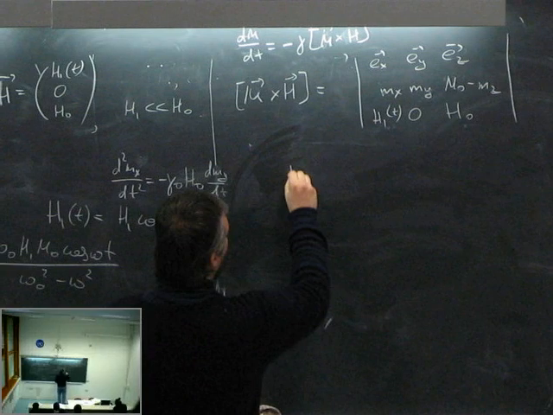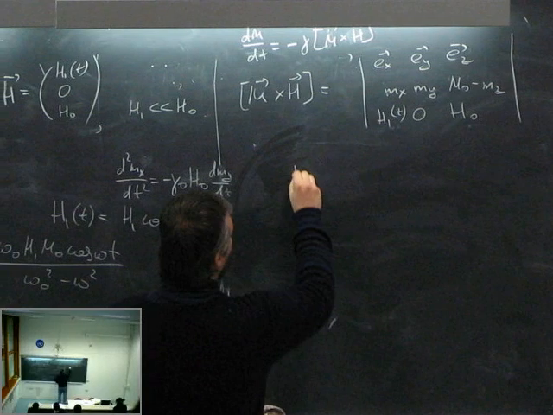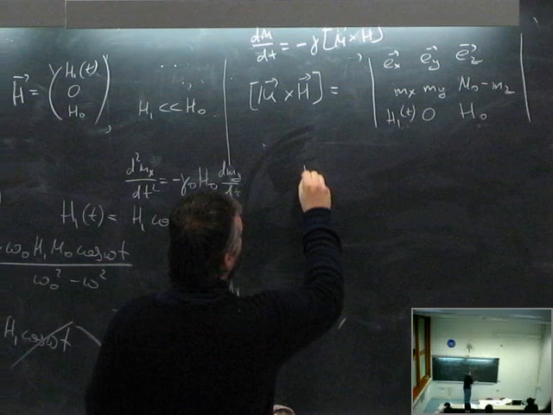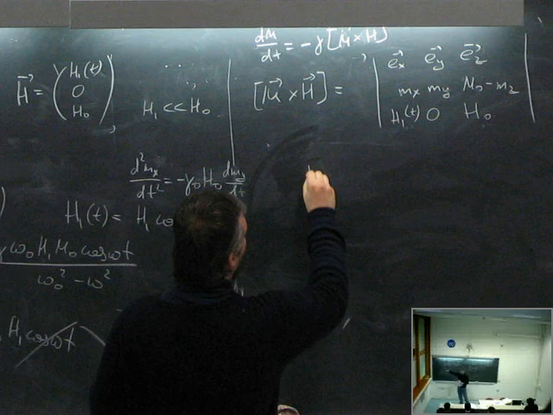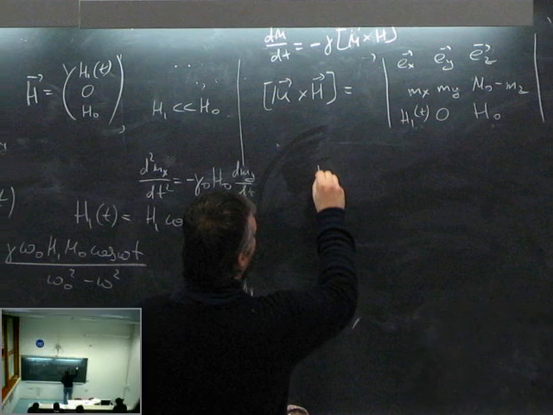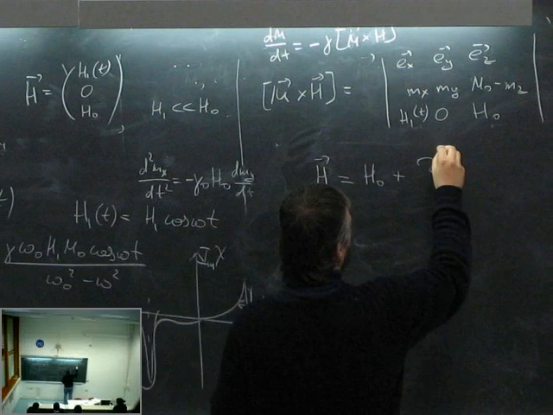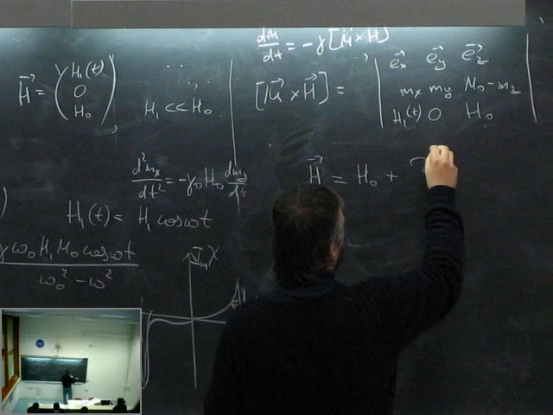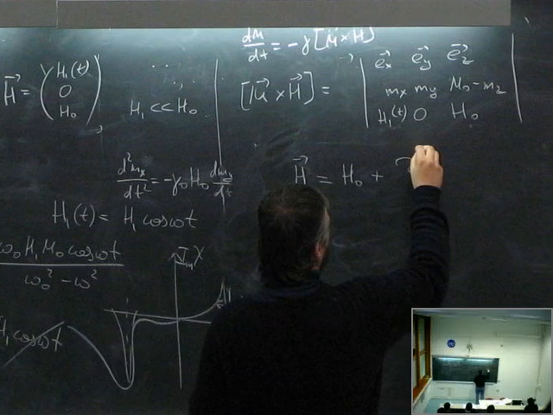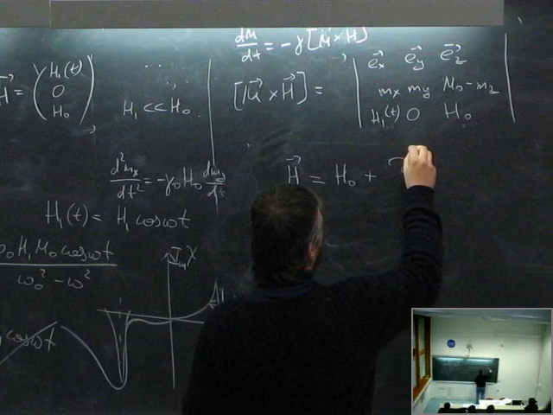So the total magnetic field in the system is H naught, which is associated with the molecular field in the vicinity of saturation of the magnetization curve, plus a term related to magnetization and its spatial gradient, x alpha, x beta.